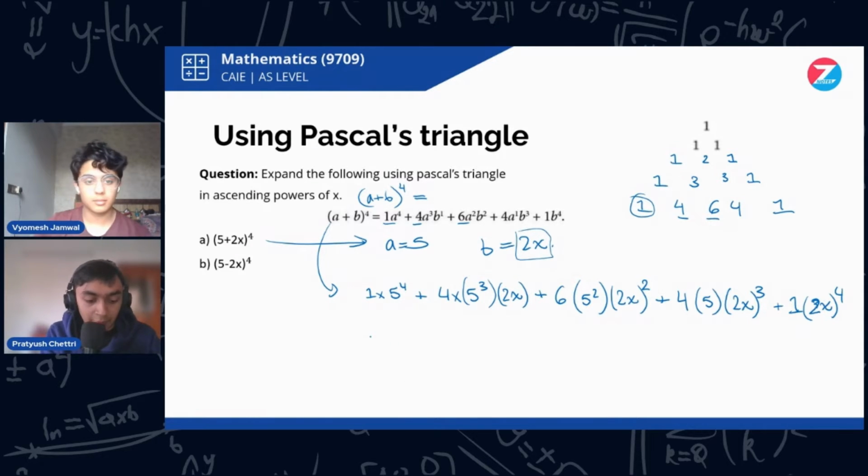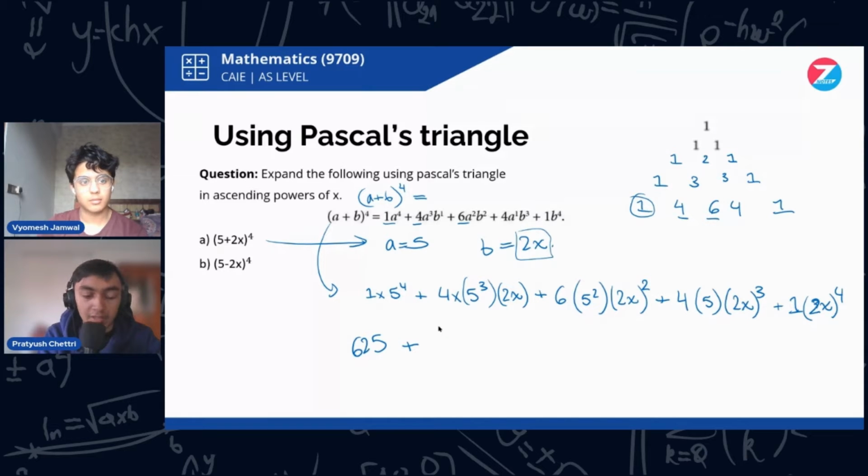5 to the power 4 is 625 plus 4 times... See, this topic, conceptually, binomial expansion is not hard.